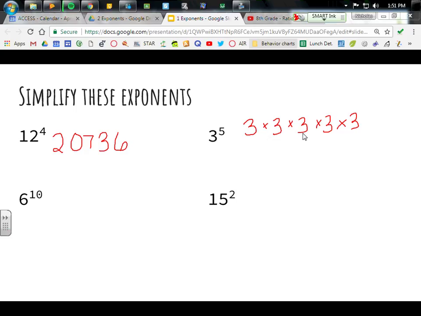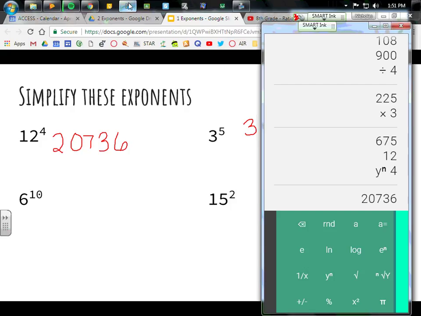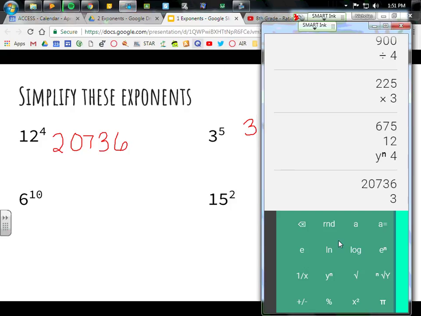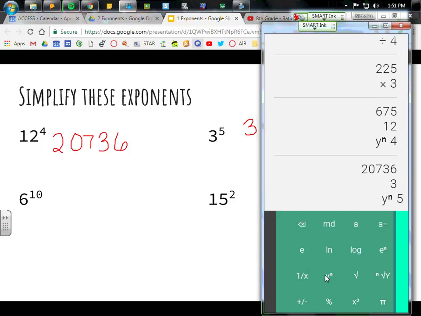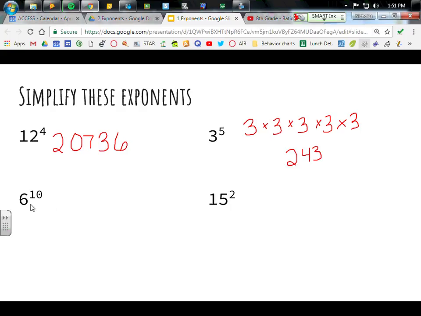So 27 times 3 should be 81. And then 81 times 3 will be 243. I'm going to double check it. I'm fairly confident in that answer, but let's just give it a little check on the calculator. 243. Got it.